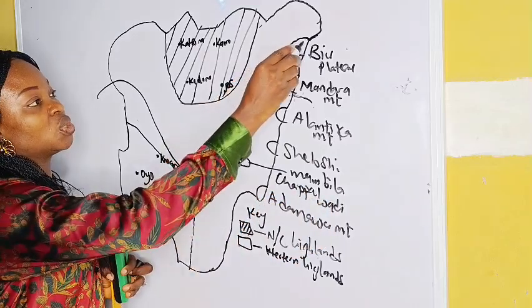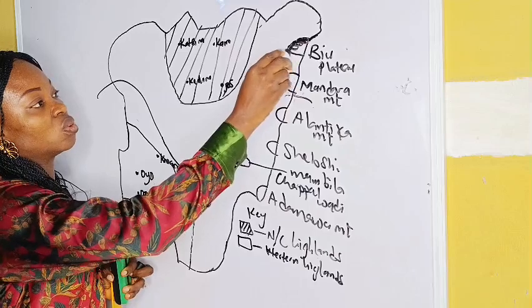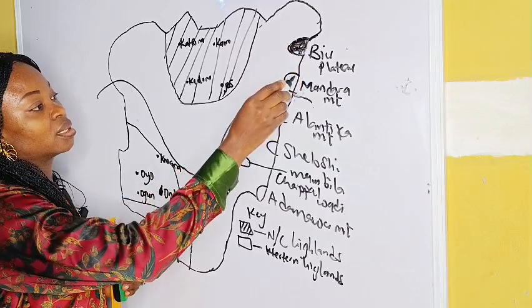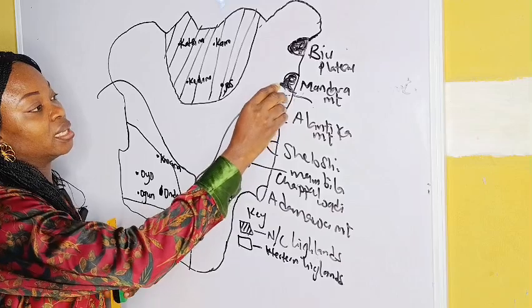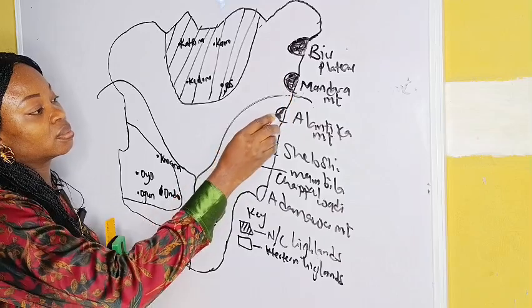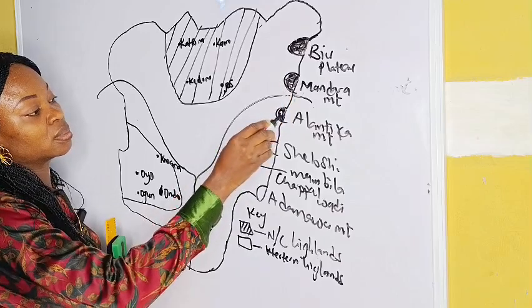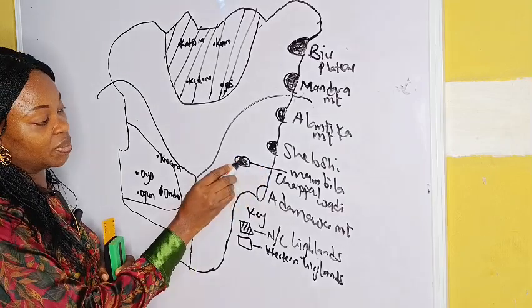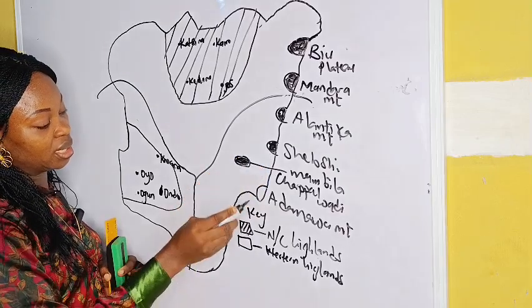Now, let us shade this one so that we know that all the shaded ones are Eastern Highlands. This is in Taraba State.